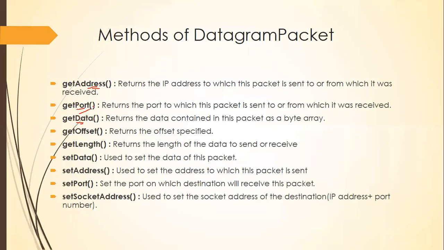That is why we have get address, get port, get data, get offset, get length, and set data, set address, set port. All these are methods which we will be using in a datagram packet. Mostly the one which we will be using is get data.